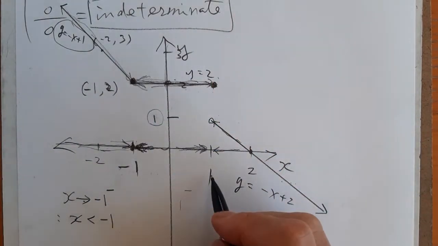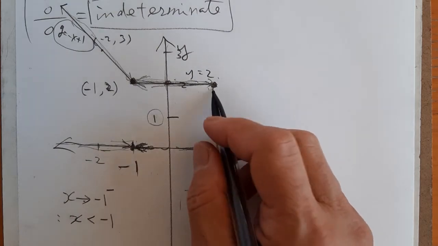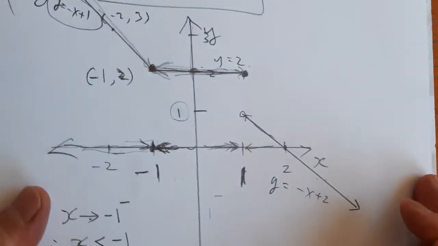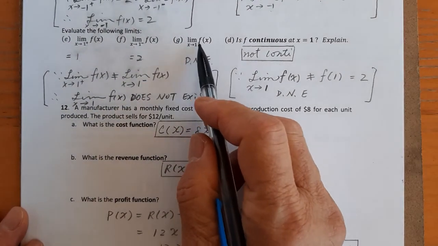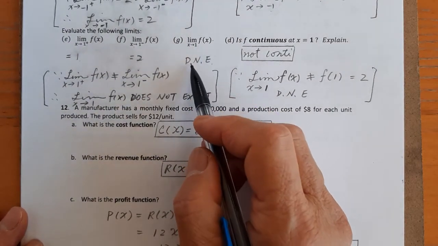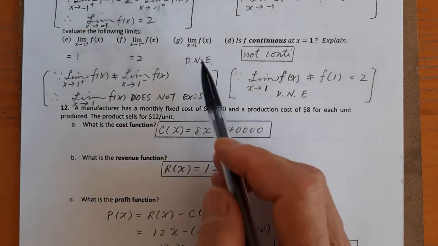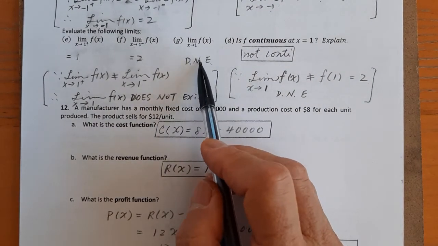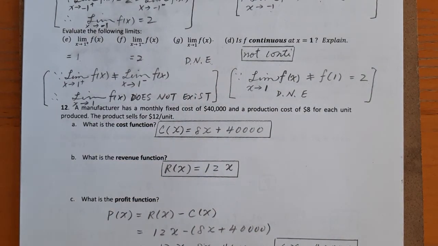So you can say that as x approaches 1, there's no limit. The limit of f of x as x approaches 1 does not exist. DNE. There's no limit.